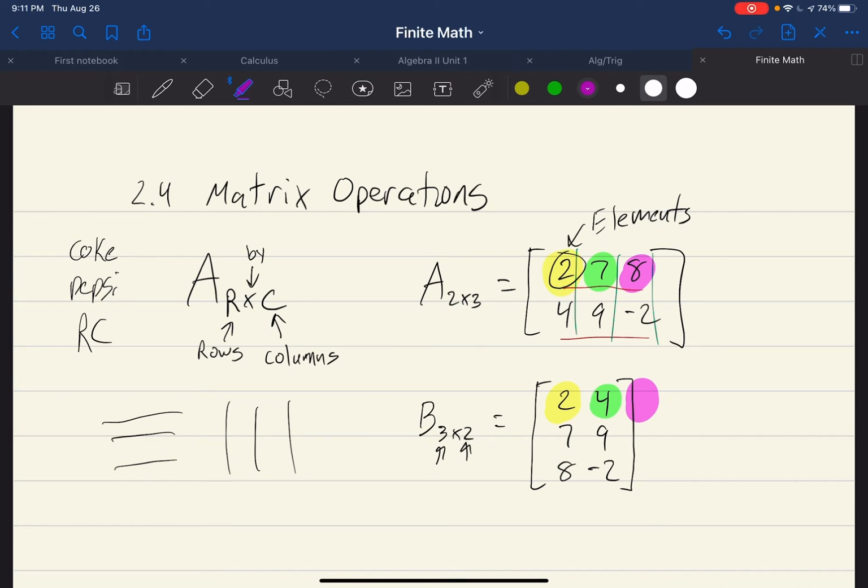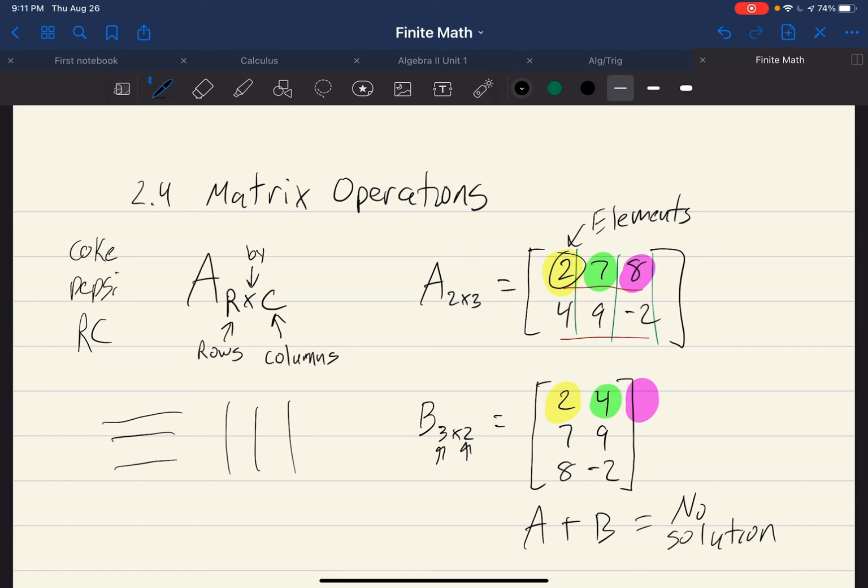There is no first row, third column. So you cannot add these together. It's impossible because the dimensions don't match up. So the elements have to match up perfectly by row and column. So if you do matrix A plus matrix B here, there's no solution to that because it has to match. And I think that's pretty obvious. You just match them up in the rows and columns.